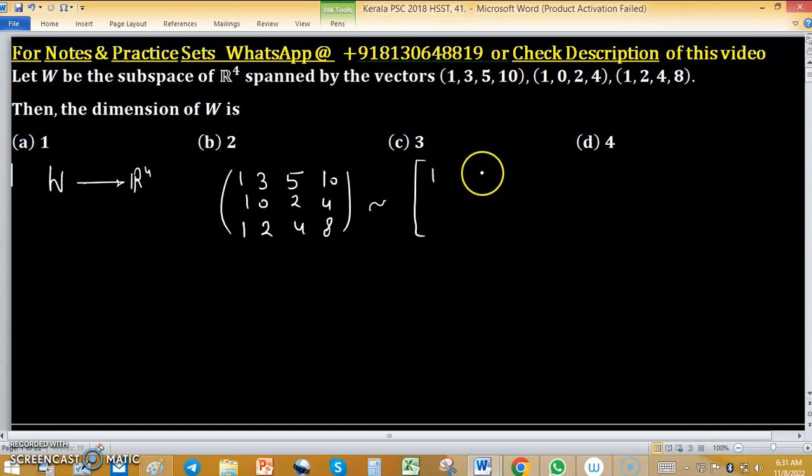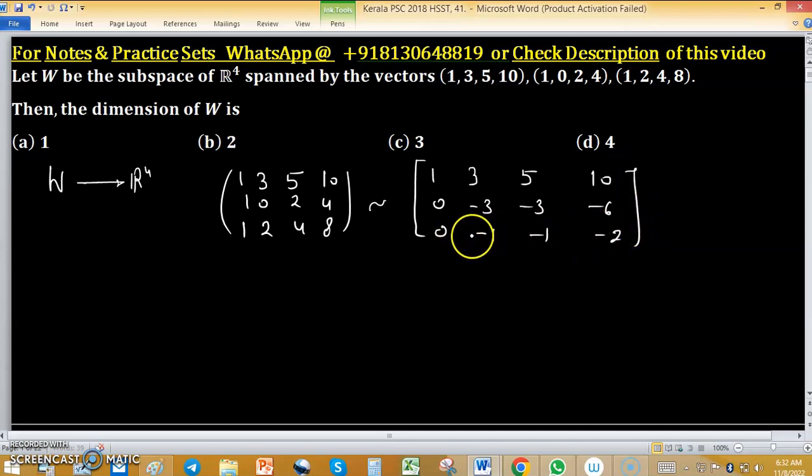We have the first row as it is: 1, 3, 5, 10. Second row: 0, -3, -3, -6, and third row: 0, -1, -1, -2. At this stage, row 2 and row 3 are proportional.